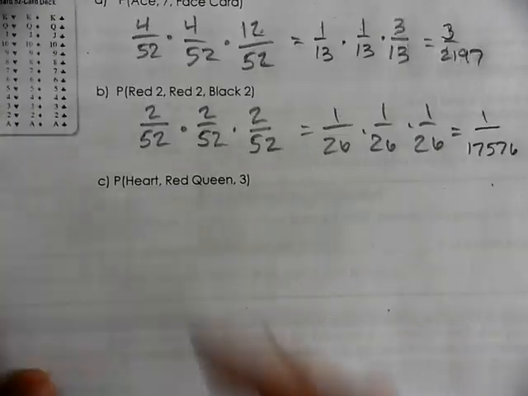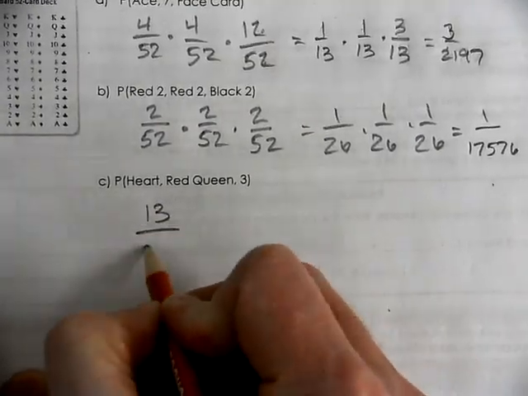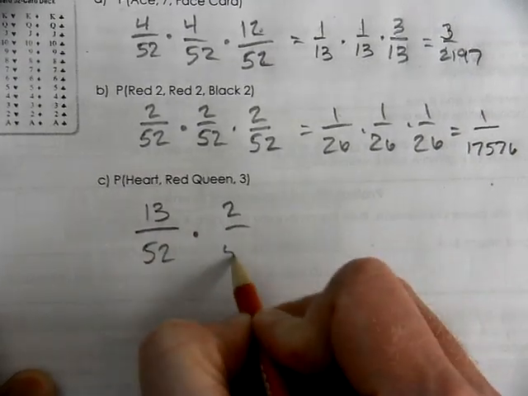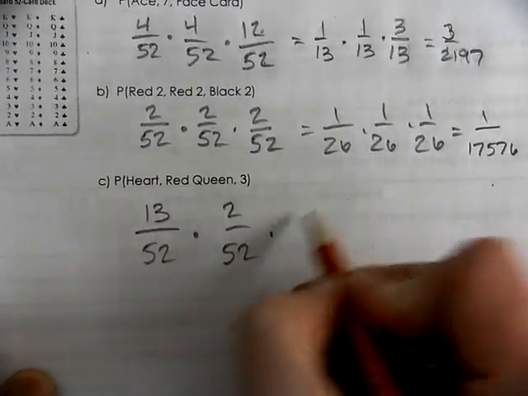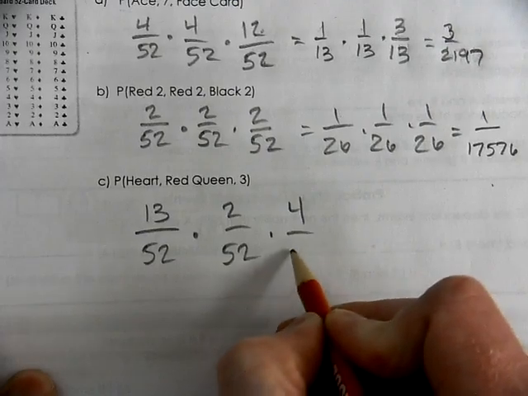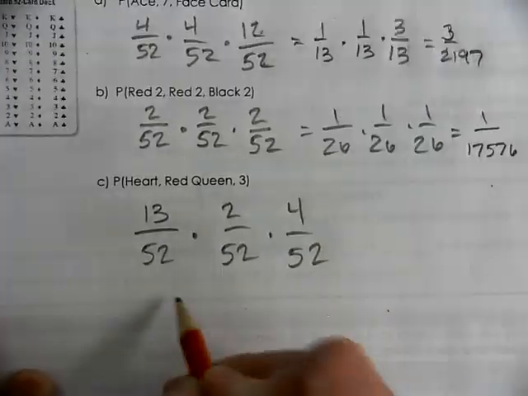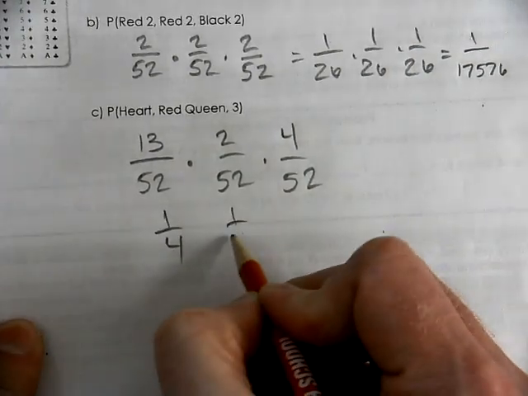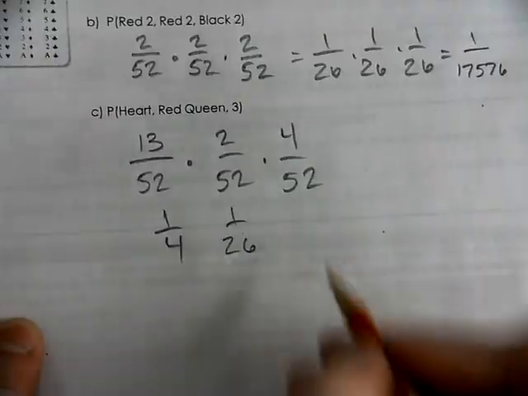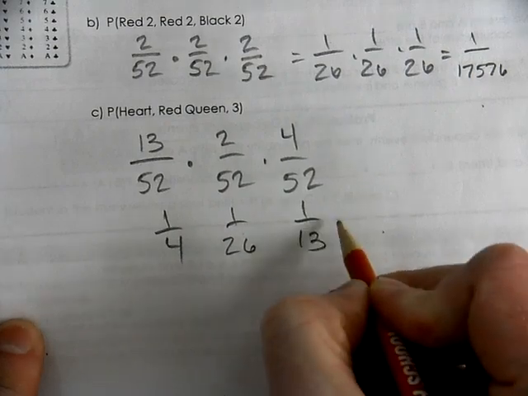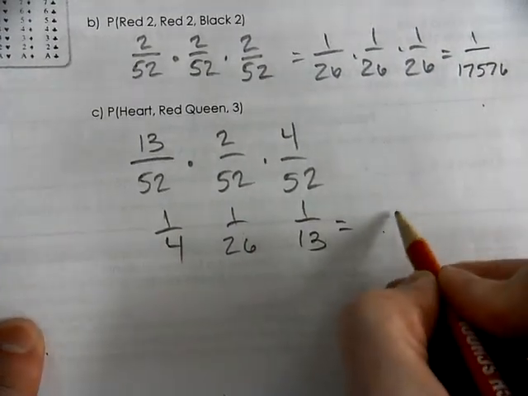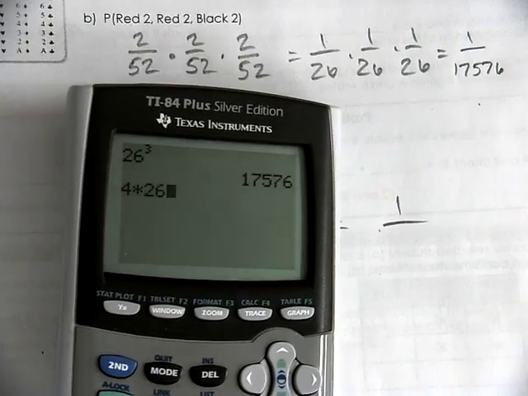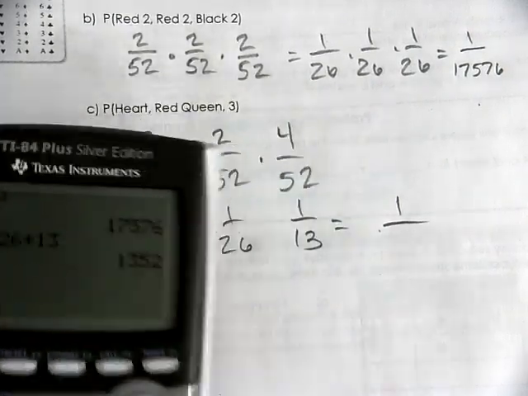And then a heart, there's 13 hearts. A red queen, there's 2 red queens. And a 3, there's 4 3s. This is 1 out of 4. This is 1 out of 26. This is 1 out of 13. Again, 1 times 1 times 1 is 1. 4 times 26 times 13.